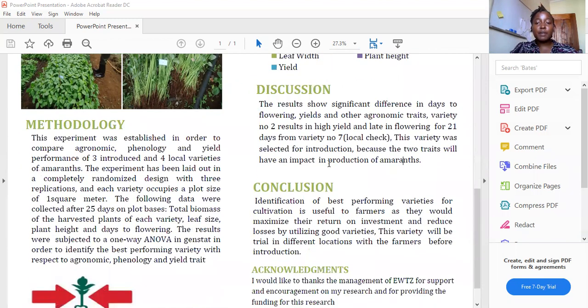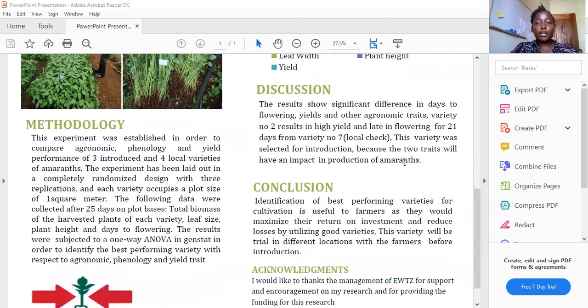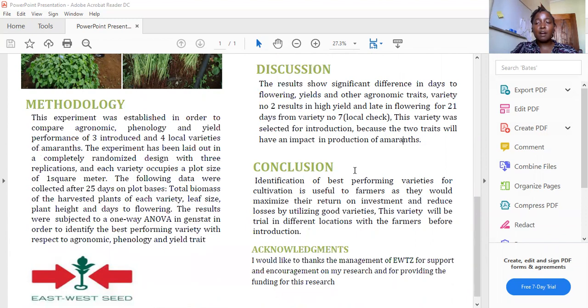So after we selected this variety and observed that number 2 is very good and can have a very good impact on our farmers, we are going to conduct multi-location trials to compare different locations and see how all of them perform.